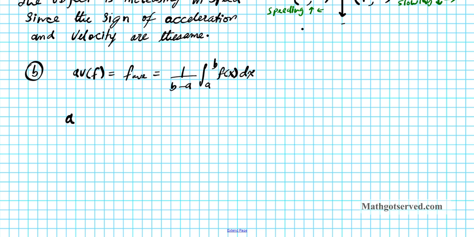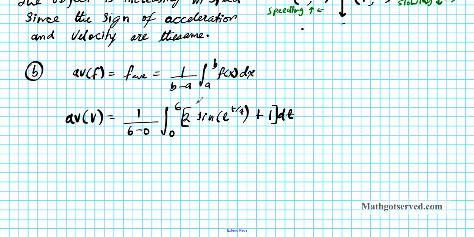The average of the velocity on the interval 0 to 6 is simply 1 over 6 minus 0 times the integral from 0 to 6 of the velocity function, 2 sine e to the t over 4 plus 1, dt. Okay, so this is the expression I'm going to plug into our calculators.